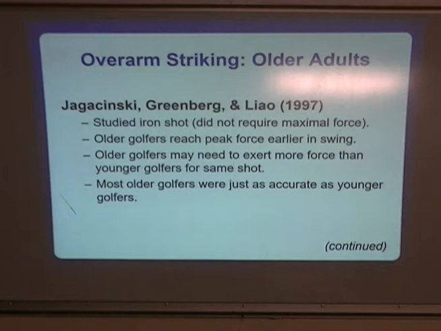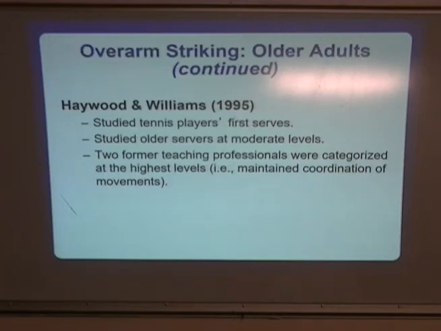So in golf, we see pretty good maintenance of accuracy. In one of the very few older adult tennis type studies, what they found was it depended on the level of experience of the individuals.